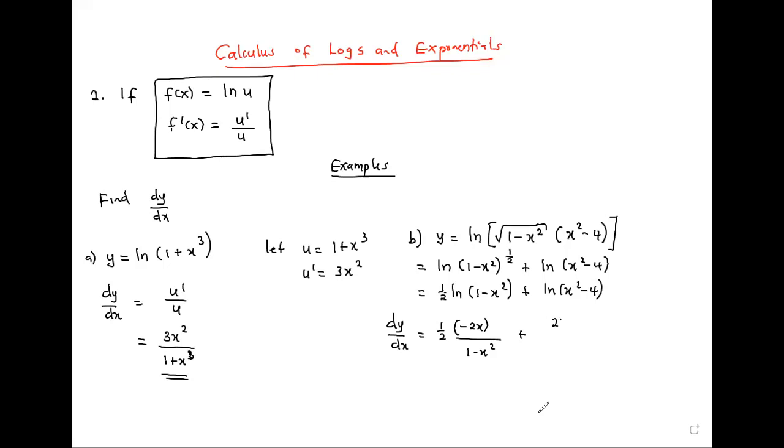The log allows us to drop the power, so that we have half ln of 1 minus x squared plus ln of x squared minus 4. At this point, we can differentiate. So dy dx is going to be half, the derivative of 1 minus x squared is negative 2x, and then divide by 1 minus x squared, plus 2x over x squared minus 4. Simplified as negative x over 1 minus x squared plus 2x over x squared minus 4.